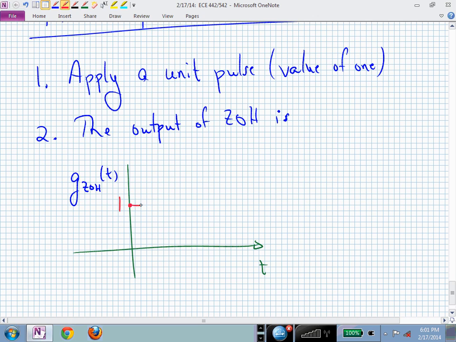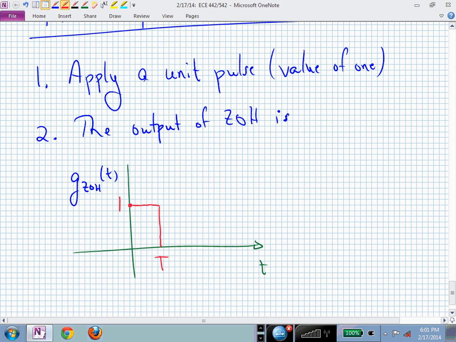What we agreed to do with the zero order hold was simply whatever you give me, I'm going to hold that for 1 sample period of time. So if you give me a 1, a unit pulse at 0, I'm going to just hold that until the next sample period. And this would be the unit pulse response of a zero order hold.